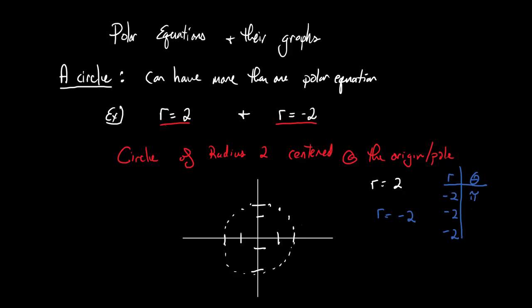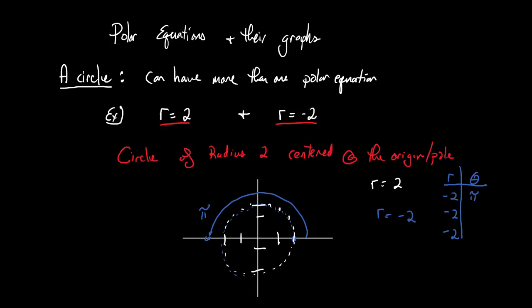If we look at the value of pi, pi is going to be all the way over here. And if we go a value of -2, we're actually going to be going back here to that point. Because remember, if we have a negative radius, we go to the extension of the terminal side, not the terminal side itself. So here, we're just working with the exact same radius.